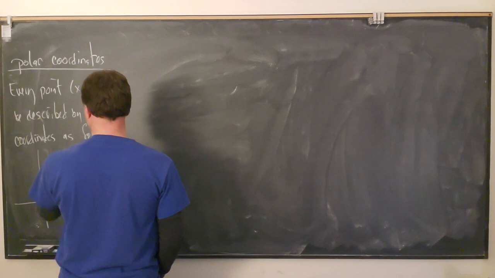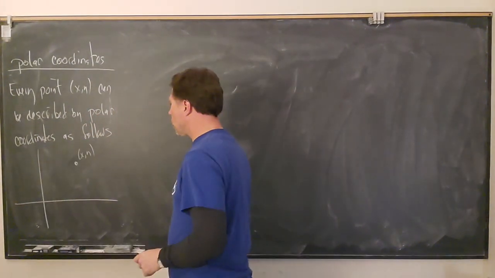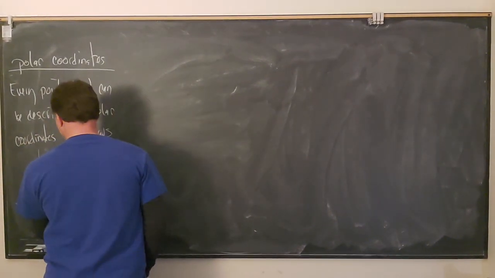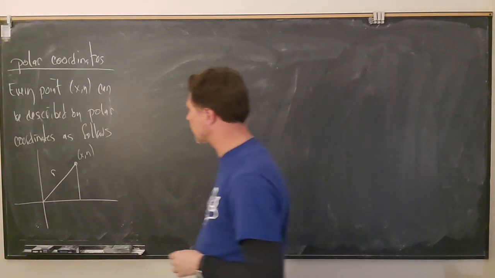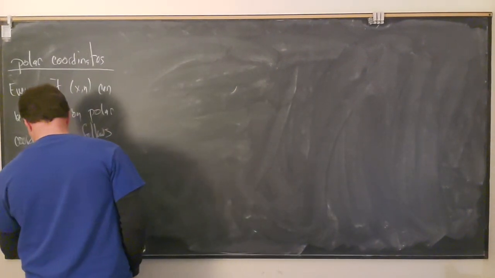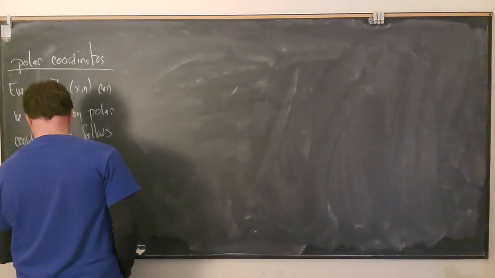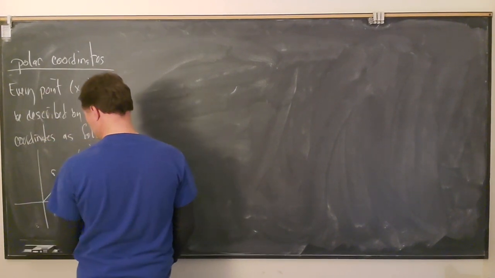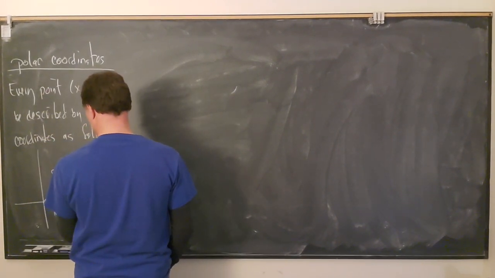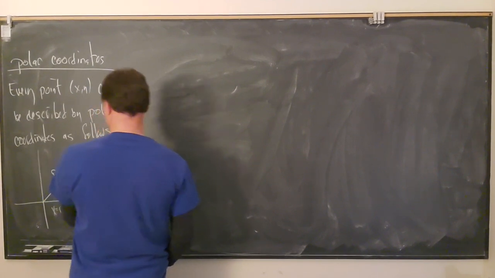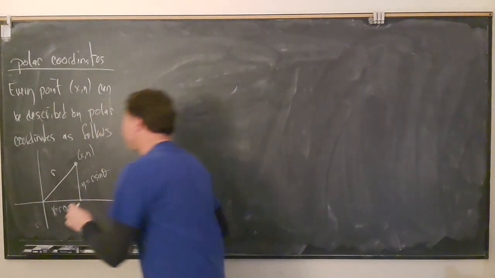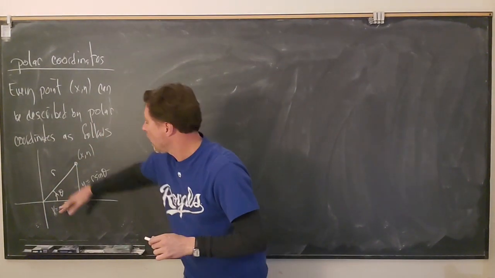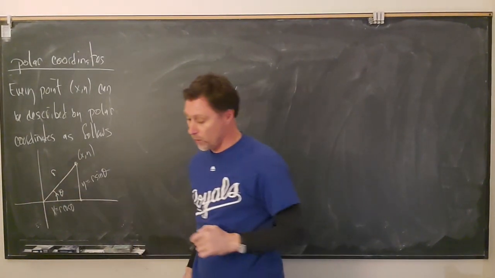If we take a point x comma y, we can form a right triangle, and then just using a little bit of trig, that's the point x, and this satisfies x equals r cosine theta, and this leg of the triangle, this is our y distance, satisfies y equals r sine theta, where theta is that angle right there measured from the positive x-axis up to the line segment that goes from the origin to the point x comma y.